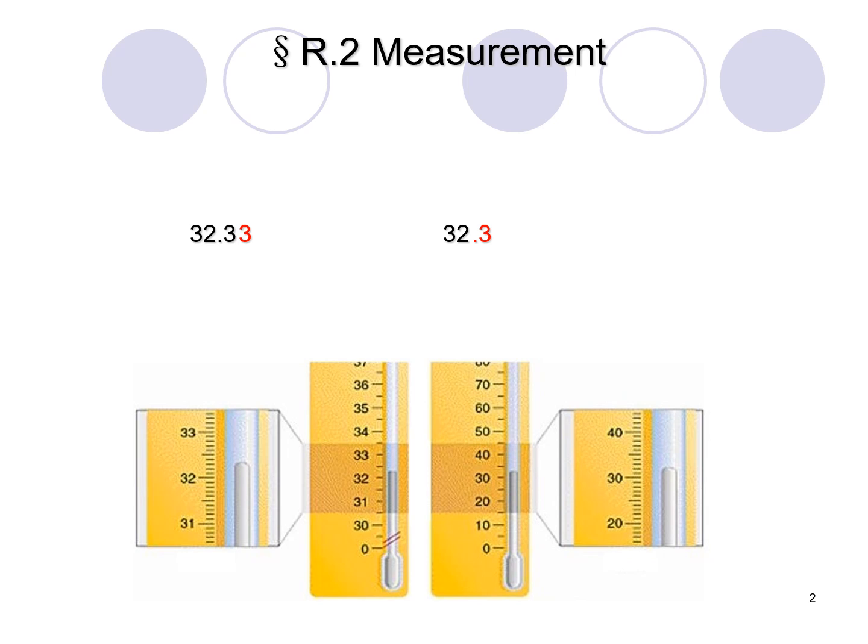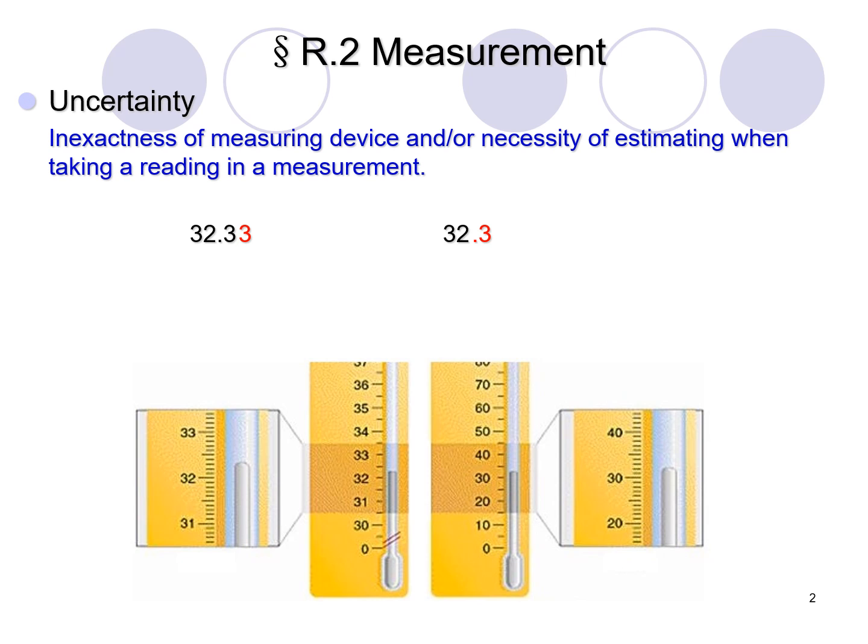All right. Now we just realize that our last digit could come from our estimation. Since it's our estimation, we call that digit uncertain.